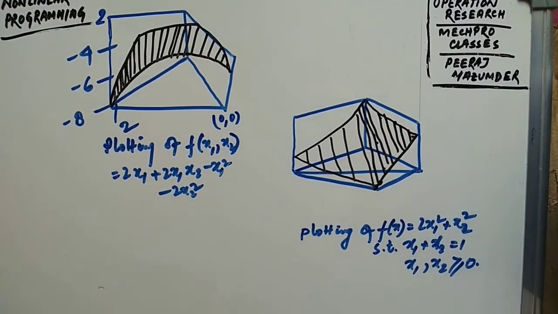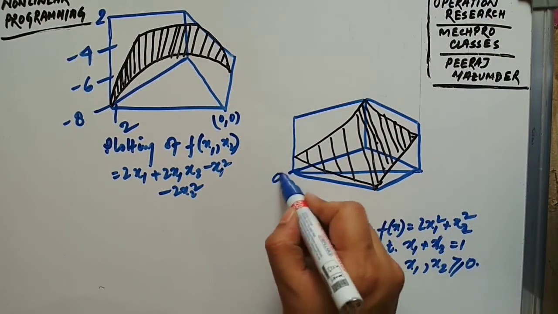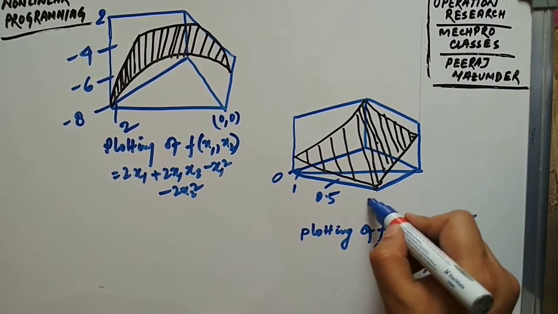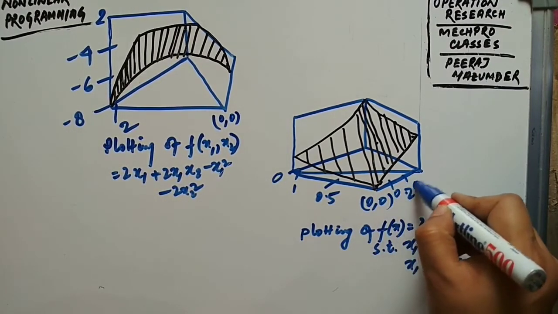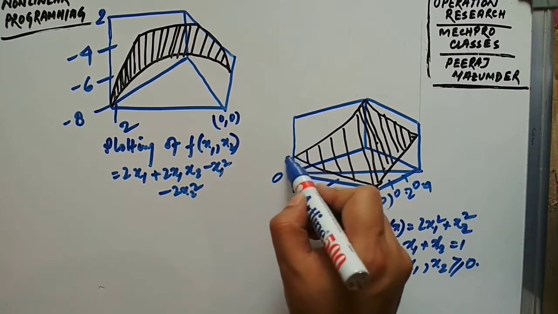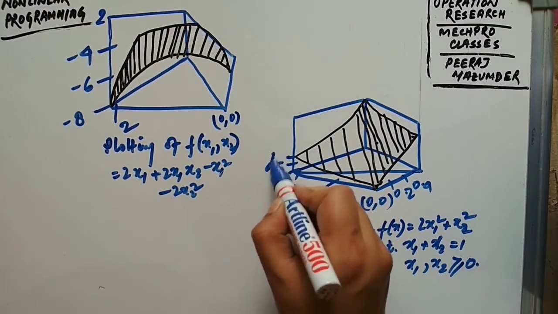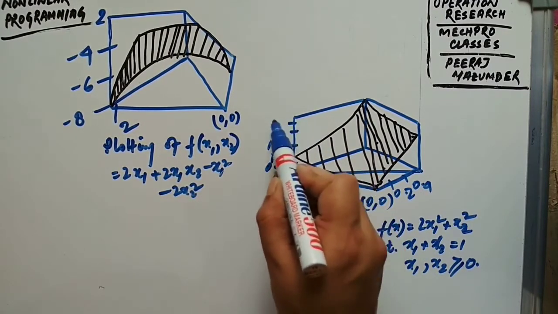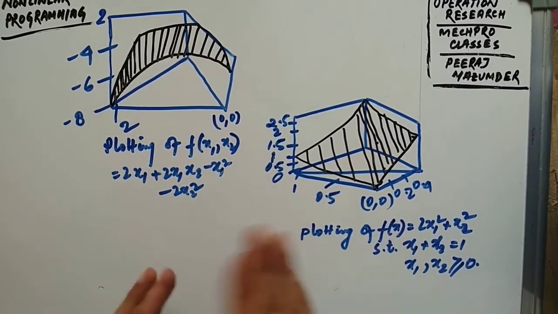Now you can also grade this as 0, 1, like this, 0.5, and this should be 0, 0, this should be 0.2, this should be 0.4, and so on, 0.6, 0.8. And on this side also you will get values, say 0.5, then 1, then 1.5, then 2, then 2.5. Okay, so you can just have an idea of how this type of graph looks.